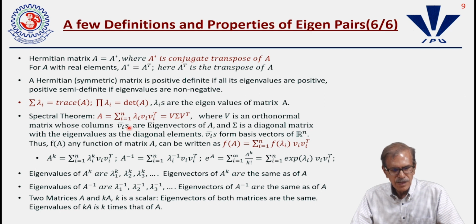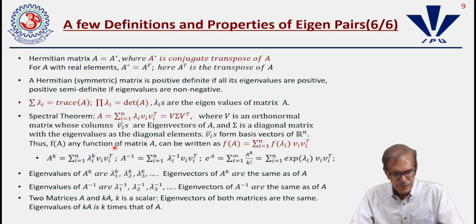Okay, and this can also be expressed like V sigma V transpose. V is a matrix whose columns are the eigenvectors, and V transpose is its transpose. And sigma is a diagonal matrix, and the diagonal terms are the eigenvalues. It is very easy to show that they are the same thing. Actually, we'll show it on the last slide.